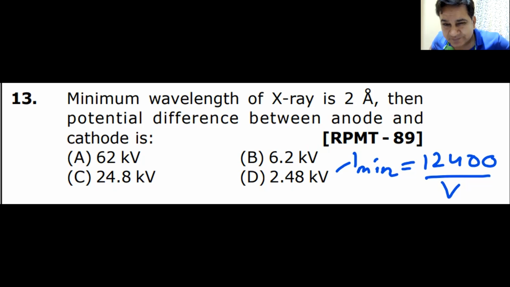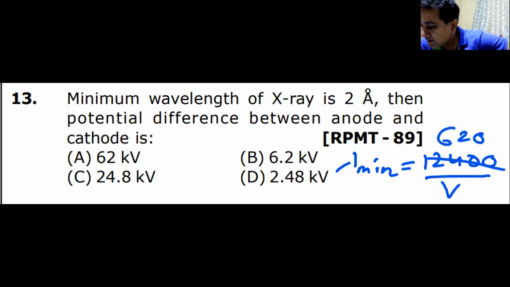Option A, 62 kilovolt. If I divide this, 6200 volts, and you now tell me that 6200 means 62,000 kilovolts or 6.2 kilovolts, well, not even God can save your soul.